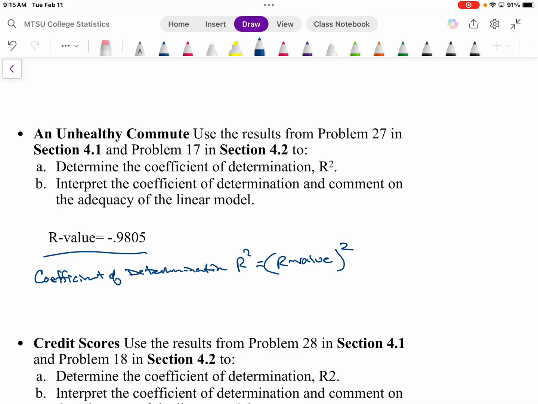So in this problem with the unhealthy commute from our previous lesson, where it was commute time and scoring a certain way on a test, we would say my R squared value is just the quantity negative 0.9805 squared. That becomes a little calculator activity.